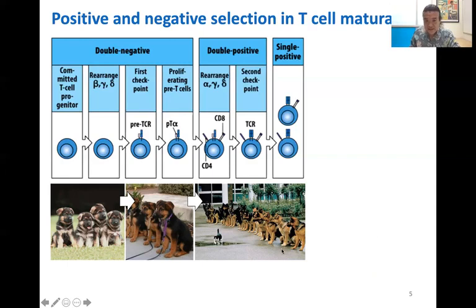But the point is, up until this point, all of the T cells have gone through the same combination of positive and negative training to lead to this point. And they are at this point double positive, right? They have CD4 and CD8 on the surface. So now the critical decision has to be made, right? Which type of T cell is it really going to be?